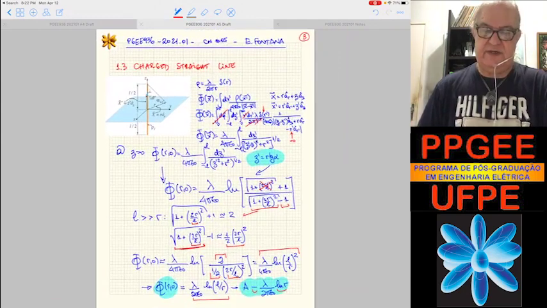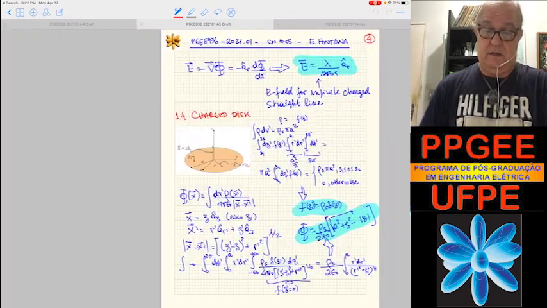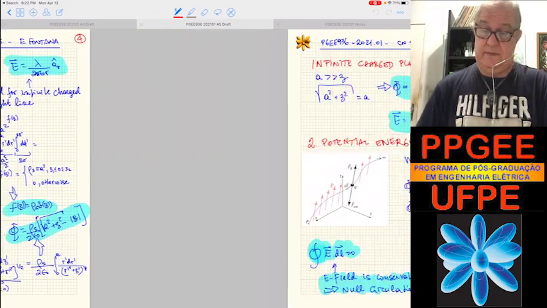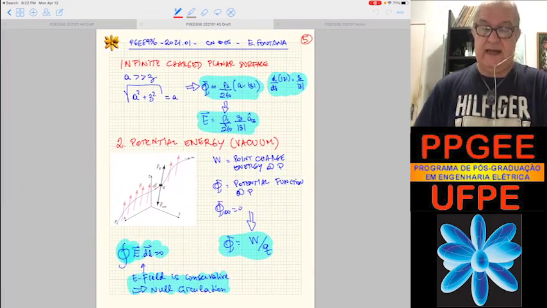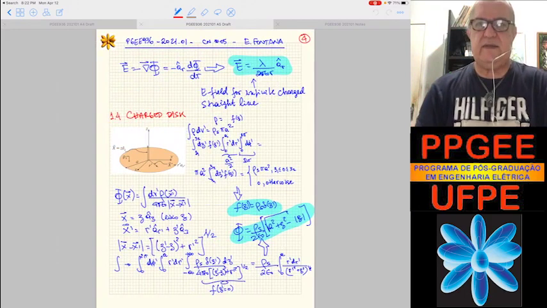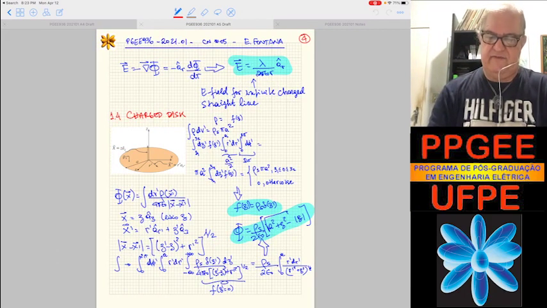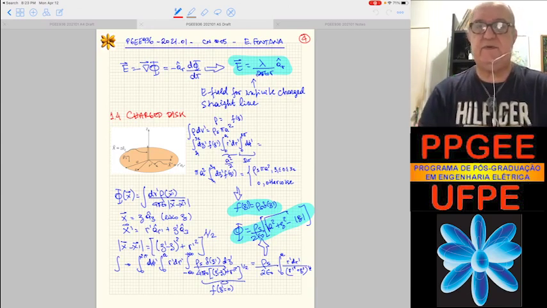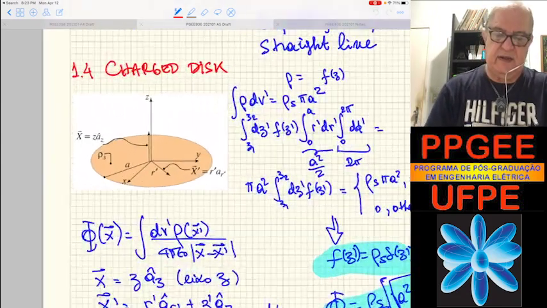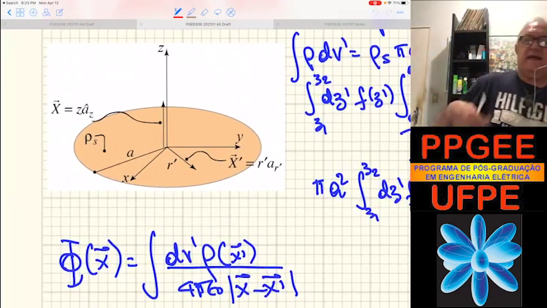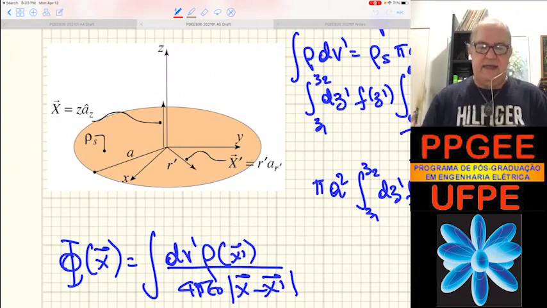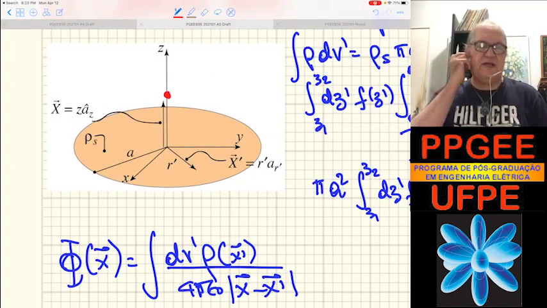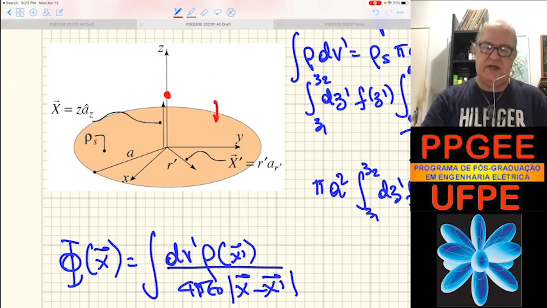There are a couple of additional examples here. I'm just going to outline this one. I'm not going to work it out. You do it, okay? You can define your delta functions, but just to express the result, I'm going to show some landmarks in this example. You have a charged disk. That's the same thing. I can calculate the potential on the z-axis of the uniformly charged disk.